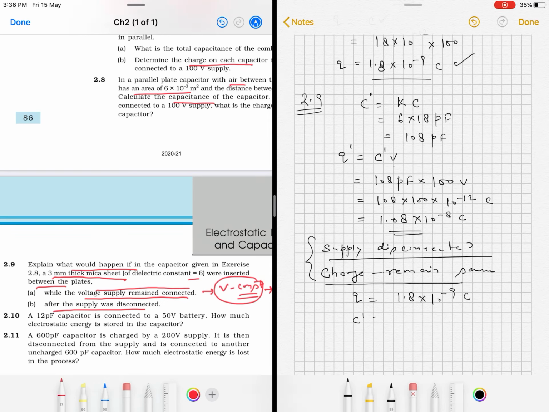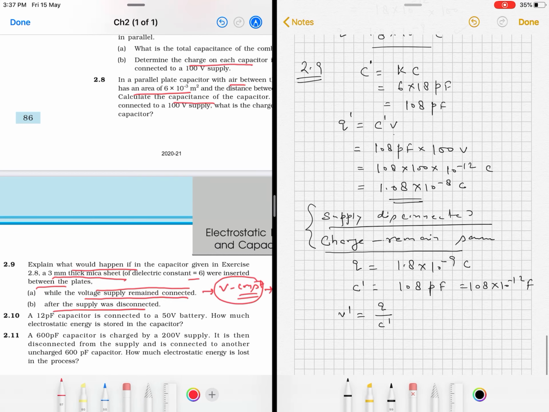Capacitance is changed. C dash is 108 picofarad or 108 into 10 to the power minus 12 farad. So the potential will be changed. So V dash is equal to Q dash, Q will not change, upon C dash.